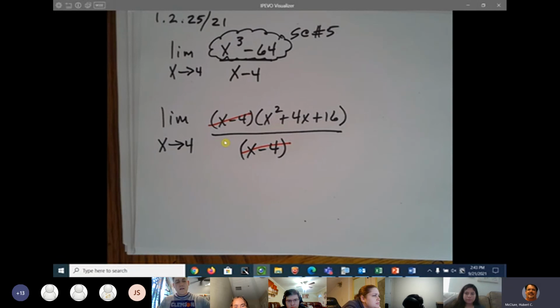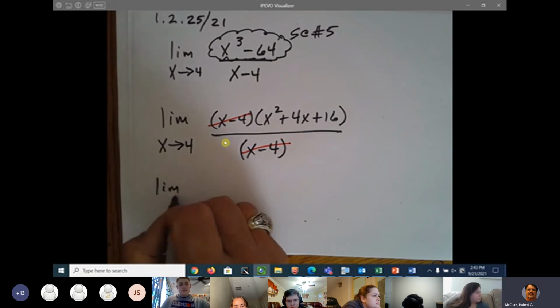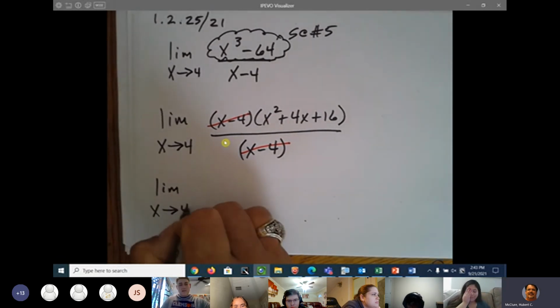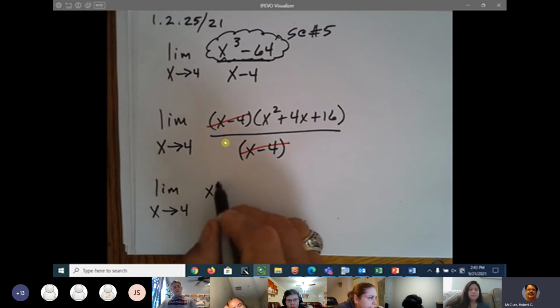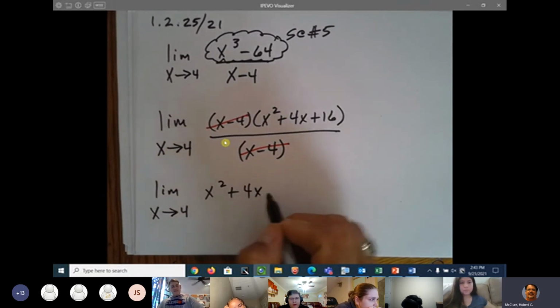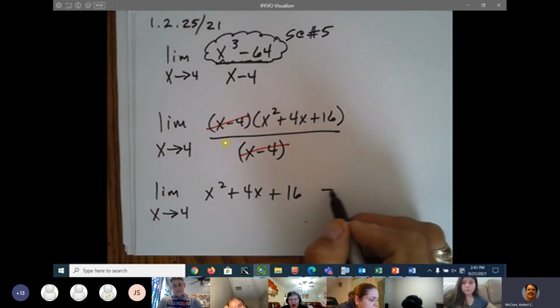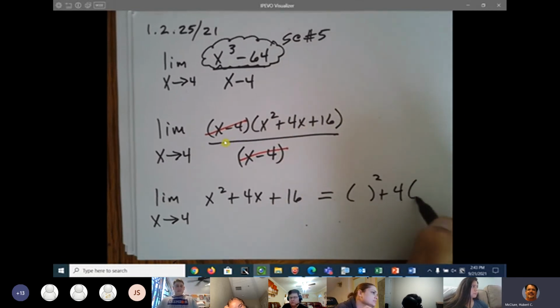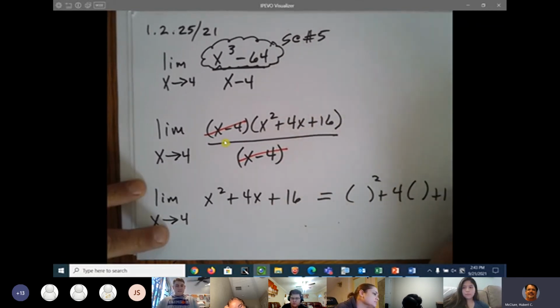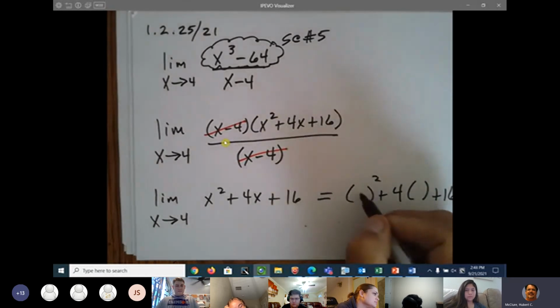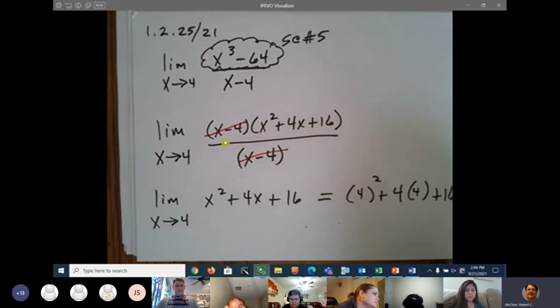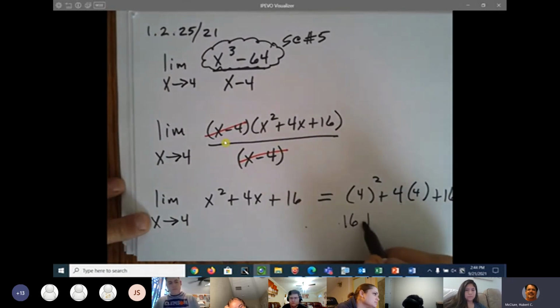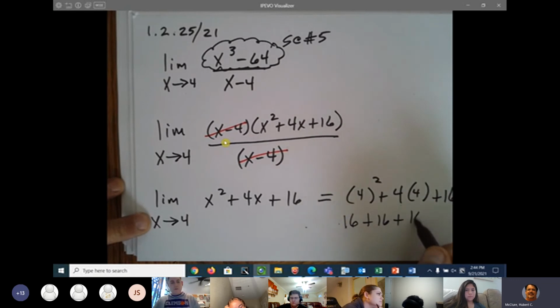And limit as x approaches 4 of x squared plus 4x plus 16: 4 squared is 16, plus 4 times 4 is 16, plus 16, dang old 48.